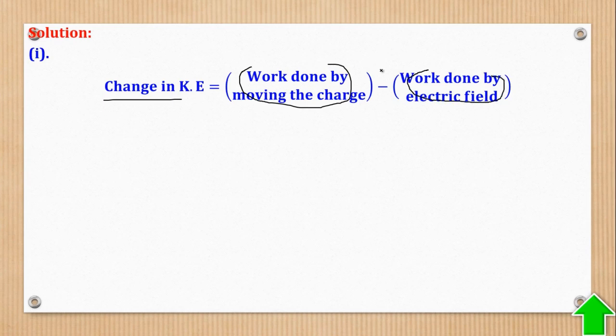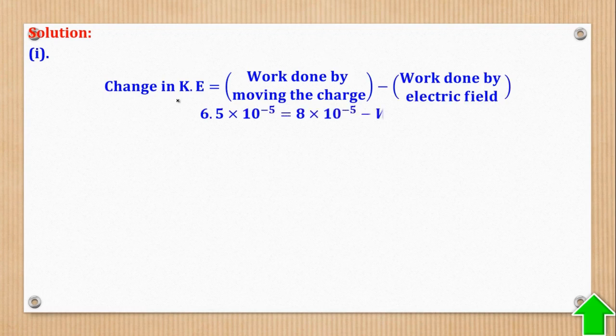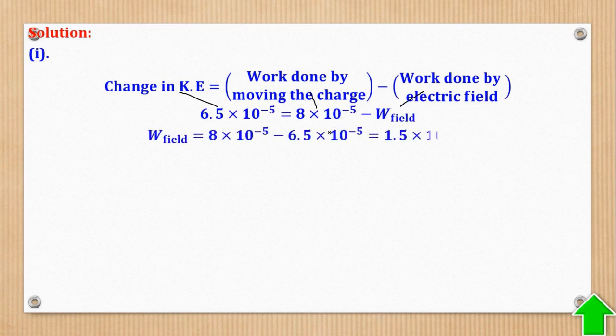Remember, we said the particle is moved against the electric field, meaning that the electric field is opposing the motion of the particle. That is why you have to first subtract it off, because it opposed the motion. Therefore, when I substitute, change in kinetic energy is that, work done is that, and work done by the field is what we want. So make it the subject, it will be this, and that's what they wanted.